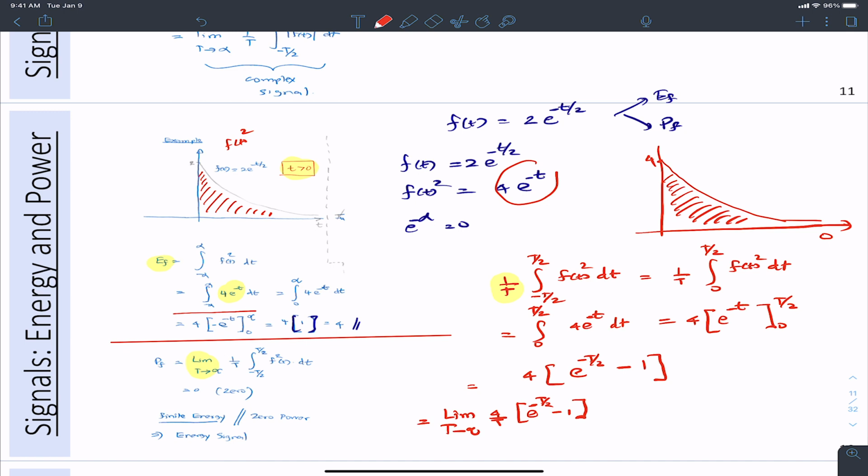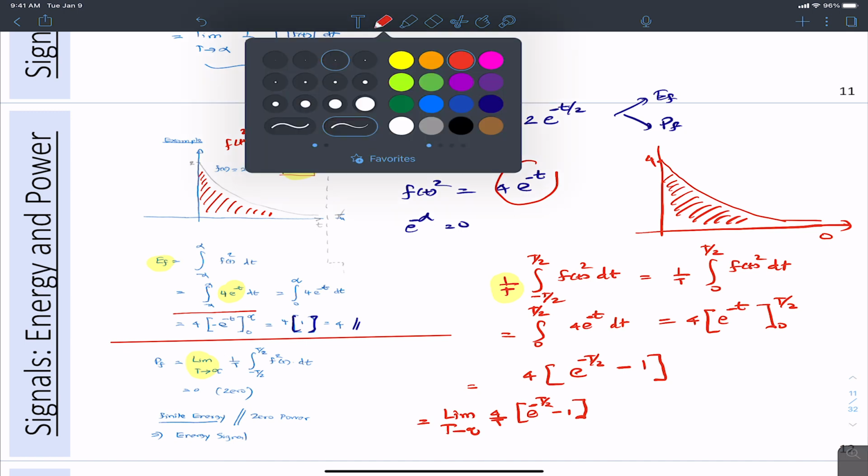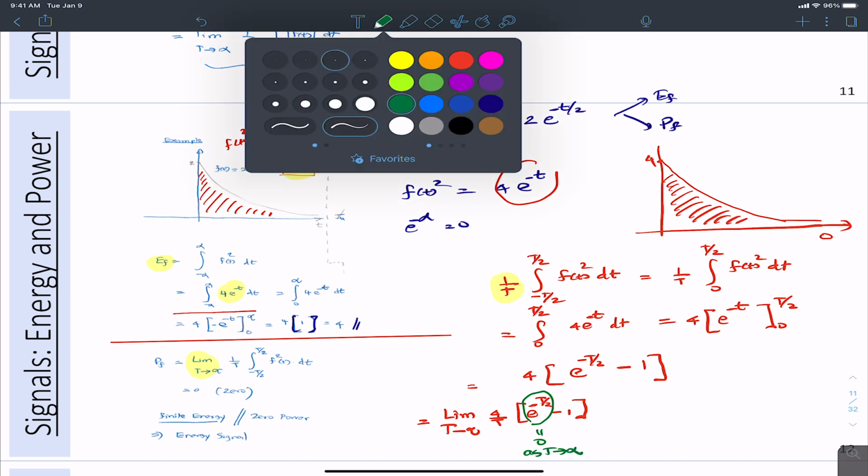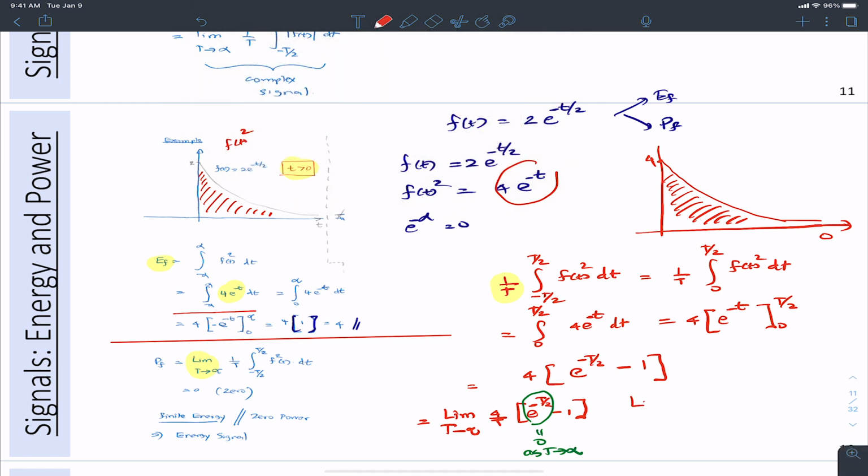So now you can see this term, when t goes to infinity, e to the power minus, so that term is going to be 0 as t goes to infinity. So the resultant is going to be limit t tends to infinity 4 over t times minus 1.